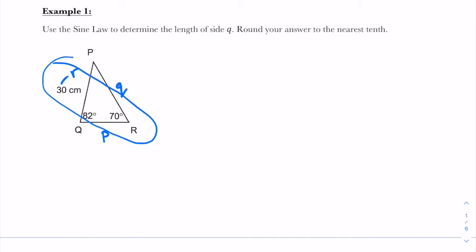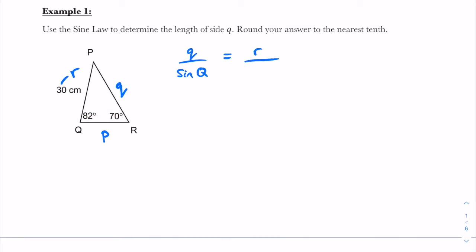So let's do that. I'll start off by writing out the sine law. Q over sine Q equals R divided by sine R. And the reason I chose this form of the equation is because we're looking for side Q, and it's much easier to isolate for it like this. I'll show you what I mean.